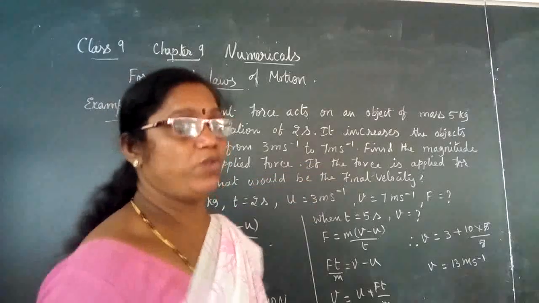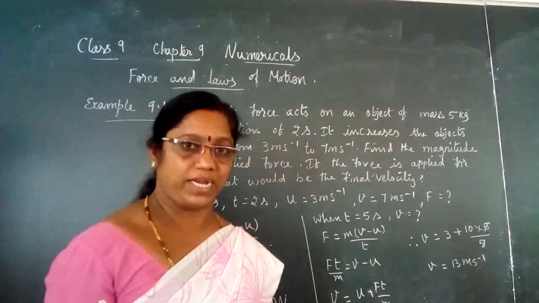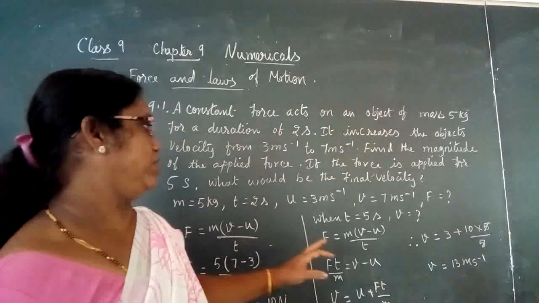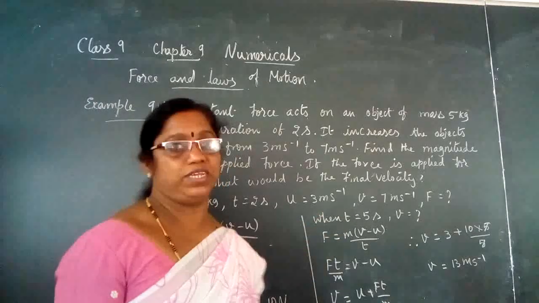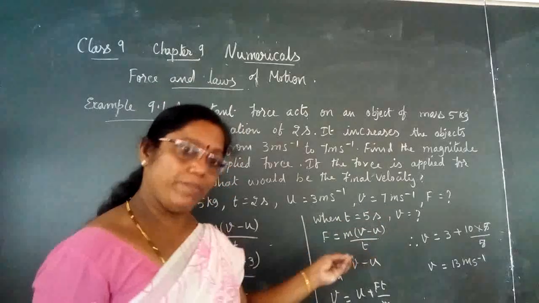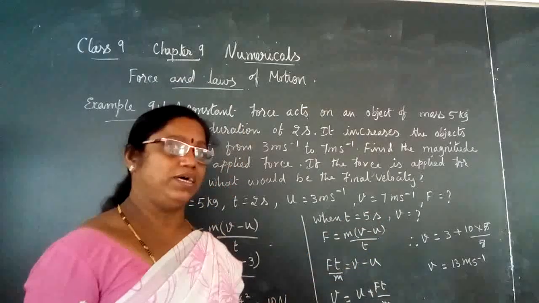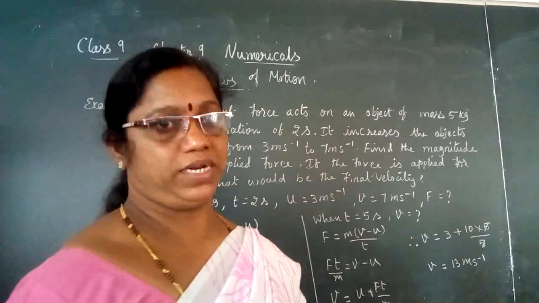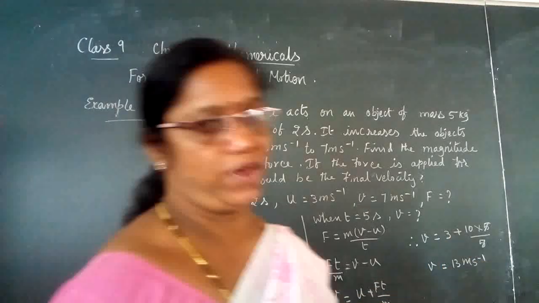You have to find what is the magnitude of the force acting on it, and also, if the same force is acting for 5 seconds, what is the final velocity of the object? Here two things you have to find out.